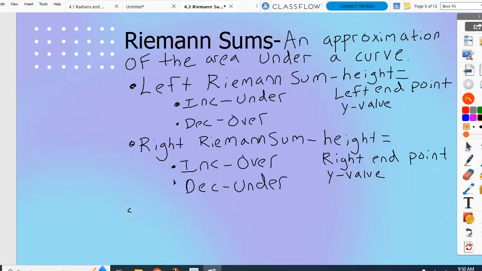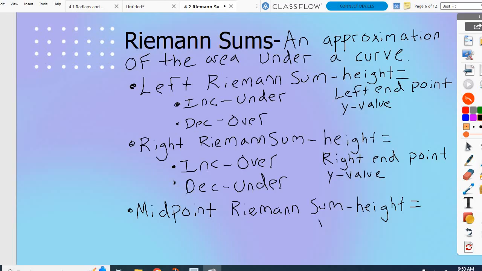Okay. Now the last one we vaguely talked about. There are 2 different ways you can do your midpoint. The first way, which is usually how we're going to look at it, is that your height is going to be equal to the y value of the midpoint for each interval.